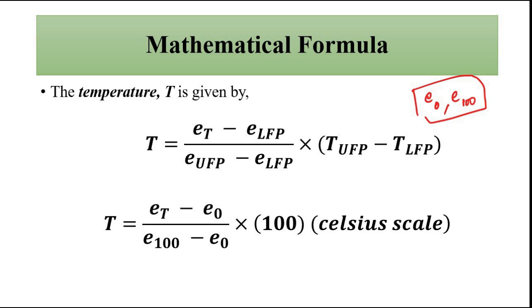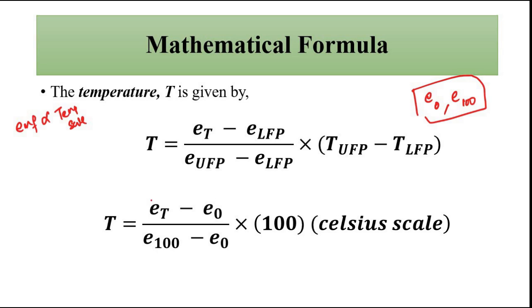When we measure a particular temperature, we want to know how much Fahrenheit, how much Celsius, how much Kelvin, or how much Romer. Romer is not that used, but Kelvin, Celsius, Fahrenheit are. So we want to convert that EMF output into a particular temperature scale, whether it is Celsius or Kelvin or Fahrenheit.